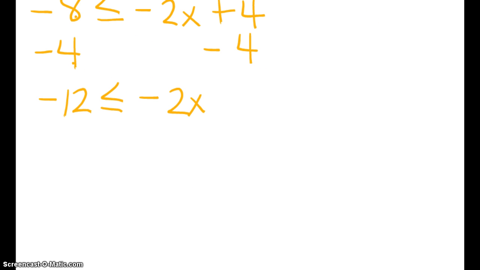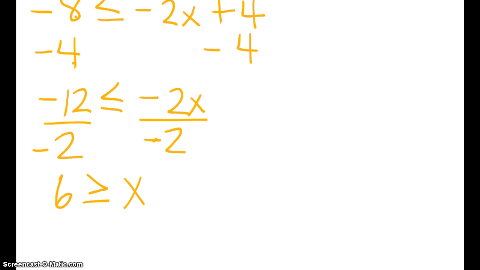Now I need the value of 1 positive x, so I'm going to divide by negative 2, and I'm going to divide by negative 2. So I get 6. Now remember, since I divided by a negative, I have to flip my inequality sign. So x is going to be less than or equal to positive 6.